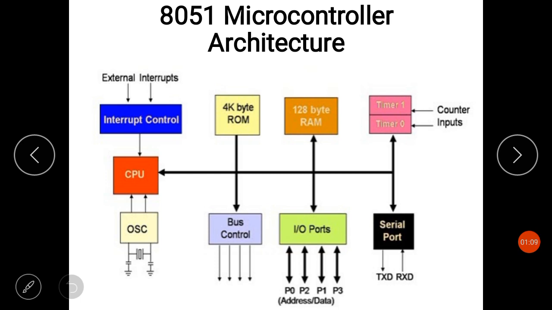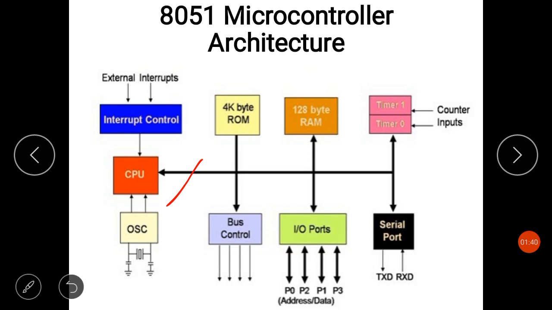First, start with the CPU. As we all know, CPU is the central processing unit. It is the mind of any processing machine. What is the role of the CPU? It scrutinizes and manages all the processes that are carried out in the microcontroller. It interprets the program stored in the storage space, that is ROM, read only memory.